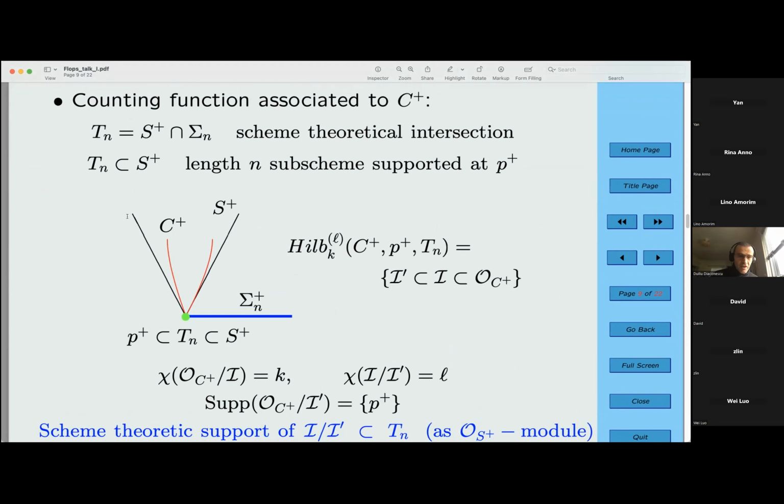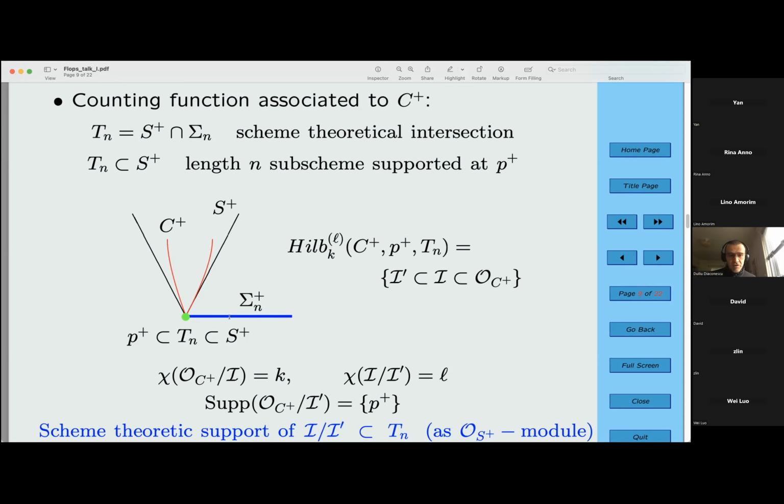So look at the geometry of S plus. This is S plus, the smooth divisor inside U_I plus. C plus is the singular curve. And then remember, sigma plus sticks out of S plus. It intersects transversely. But at the same time, sigma plus has, if you want, a canonical thickening, which is provided by the geometry of the threefold.